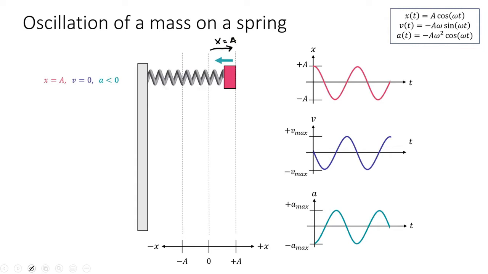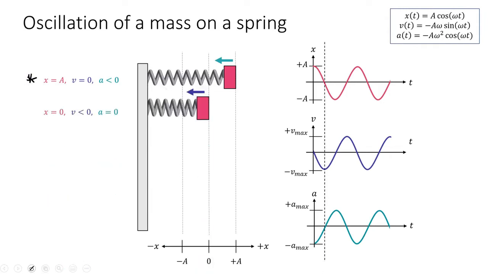And so the acceleration of the block will also be to the left, so I'm going to end up with an acceleration that's less than 0 in this case. I have my summary right over here: x equals A, v equals 0, and acceleration is less than 0.